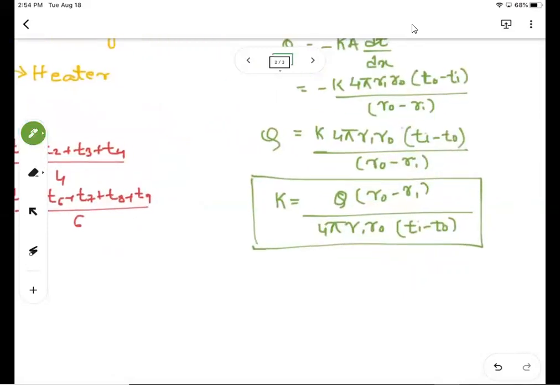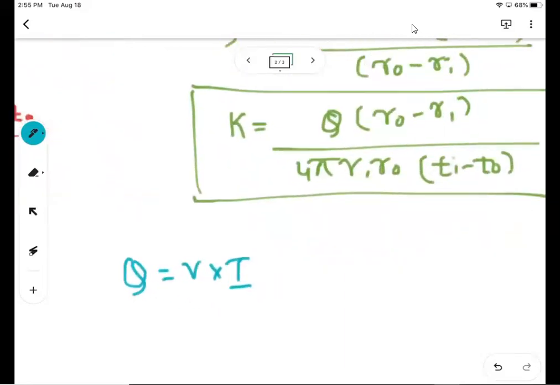So this is the equation that we require in order to find out the thermal conductivity of the insulating powder. The value of Q, as you are giving heat input using a voltmeter and ammeter, you can find as voltage into current. It is analogous to electric energy. The radius of the inner copper shell is usually given; in our case, the inner radius is 50 mm and the outer radius is 100 mm.